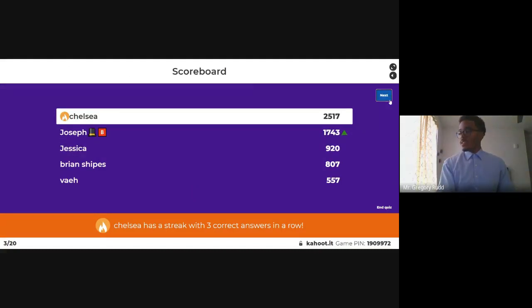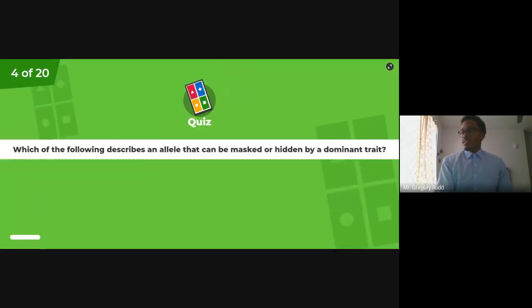Chelsea's on a good streak. Which of the following describes an allele that can be masked or hidden by a dominant trait?